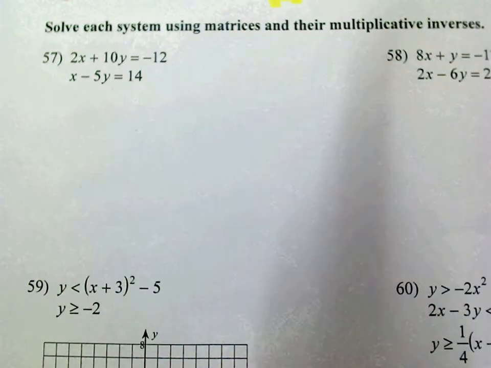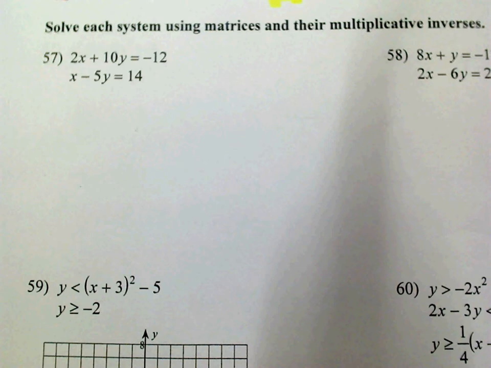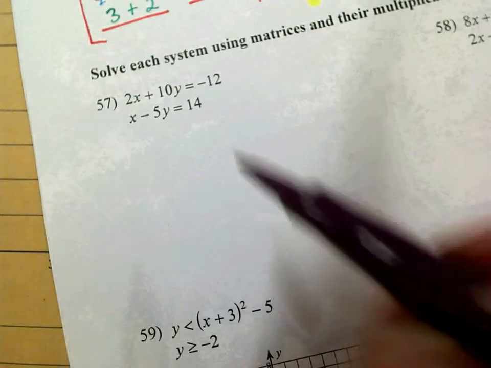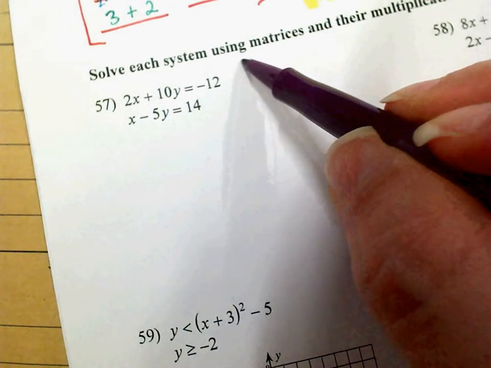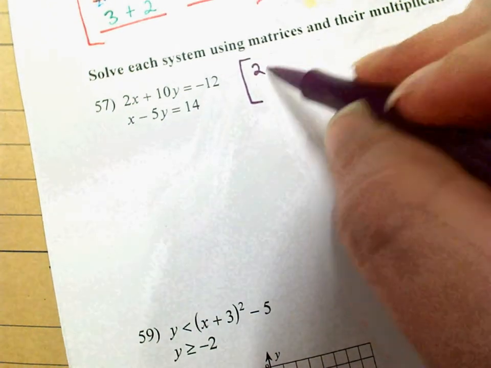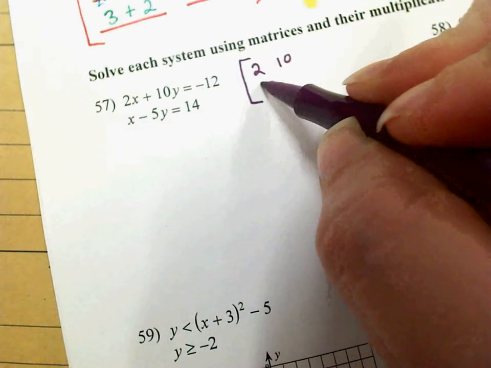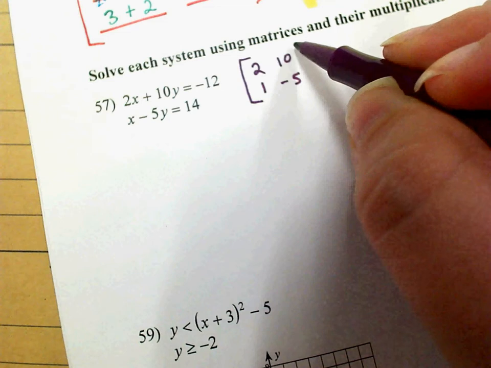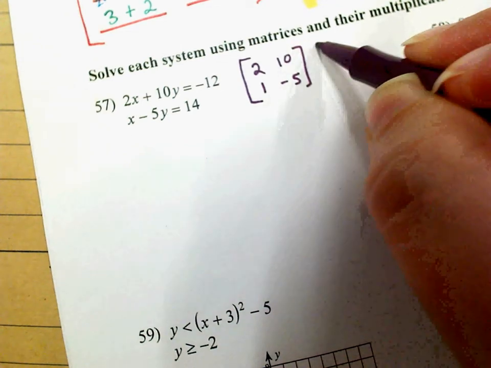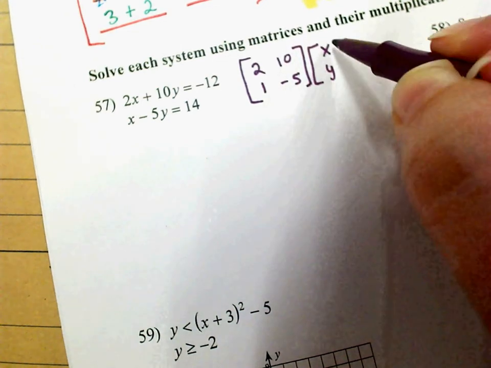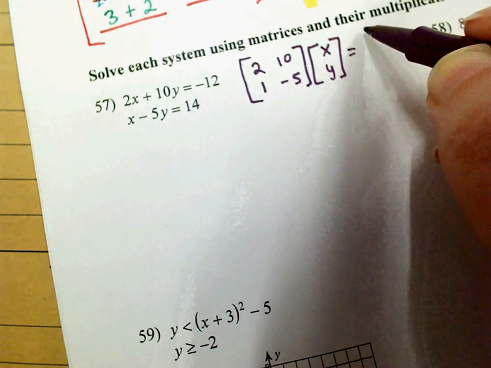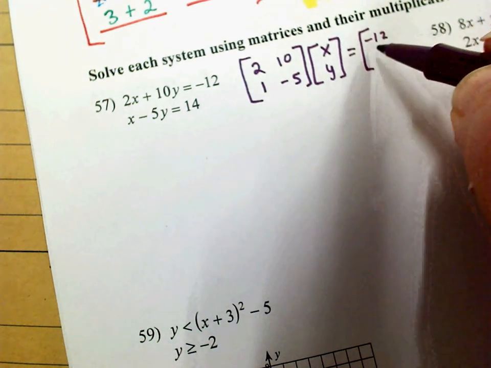So the first thing I'm going to do is rewrite this as a matrix equation. 2, 10, 1, negative 5 times xy. And you don't have to do this. You can go ahead and jump into working it, but I'm going to go ahead. That's the equation we're trying to solve if you write it as a matrix equation.